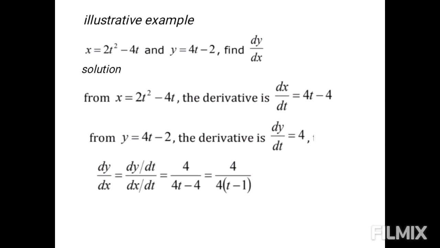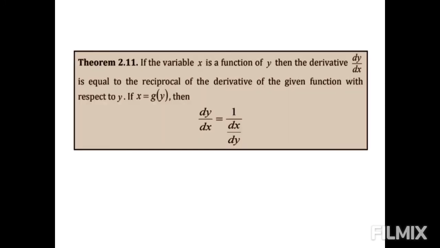So we have 4 over 4 times the quantity t minus 1, and then cancel these two constants. The final answer will be 1 over the quantity t minus 1. Now let's have the second to the last theorem, I think.